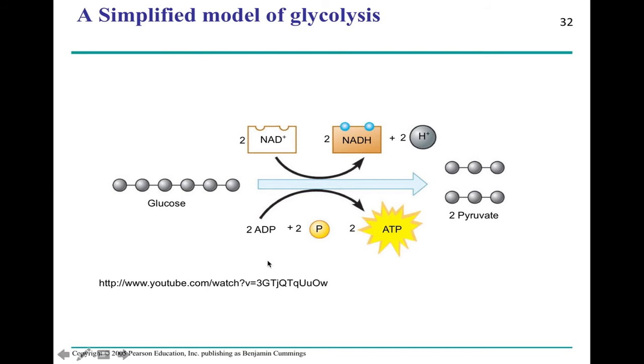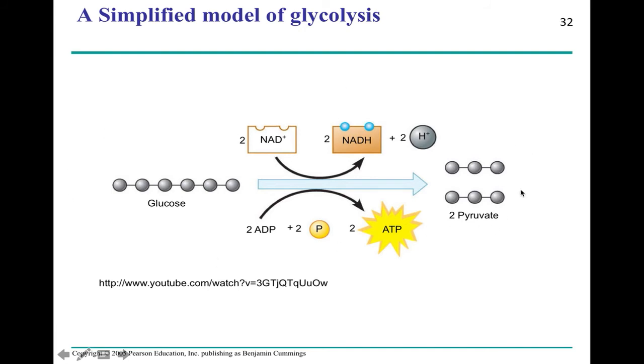When you're drawing the arrows, remember that the starting of the arrow, or the blunt end of the arrow, indicates that the picture or the word that you write on the side of the blunt end is something that is going into the pathway or into the reaction, and whatever you write at the tip of the arrowhead are the ones which are coming out of the pathway or the reaction.